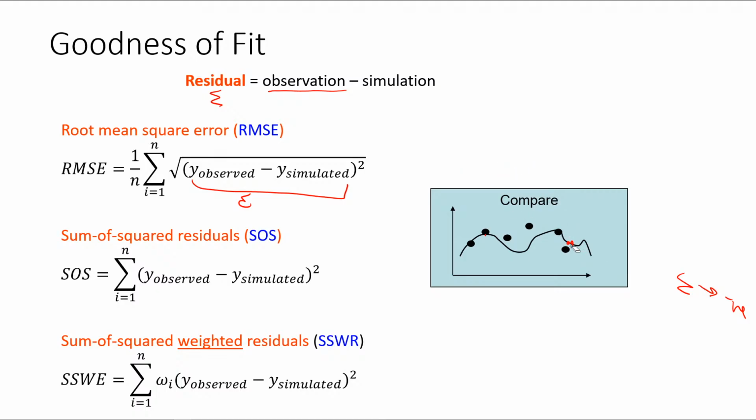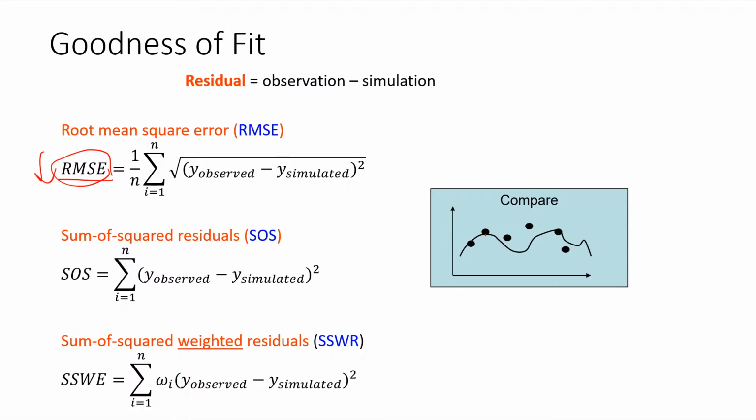Your calibration algorithm will suggest a parameter set, run the model, and for this parameter set calculate the root mean square error, for example, if that's what you selected. Then it will note this number and select another parameter set. The objective is to find the parameter set that has the smallest root mean square error.